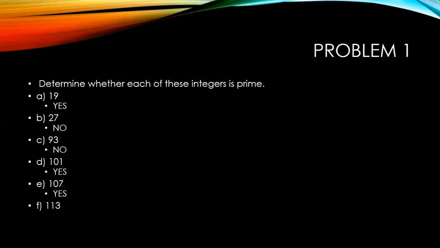When we divide by 2, 3, 5, 7, not including 1, the result is a non-zero remainder, so this is a prime number. So how about 113?